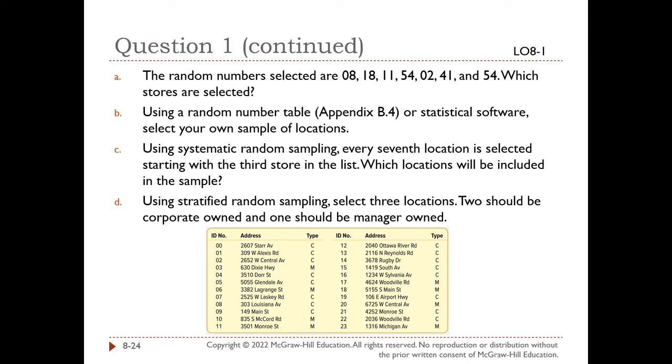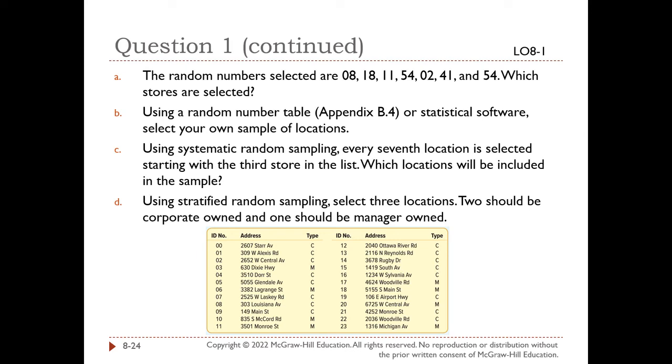Use a random number table, Appendix B4, or statistical software. You can do this on your own. We're not really going to go over it in this video, just because it's going to vary. Not everybody's going to have the same answers. That's a very varying item.